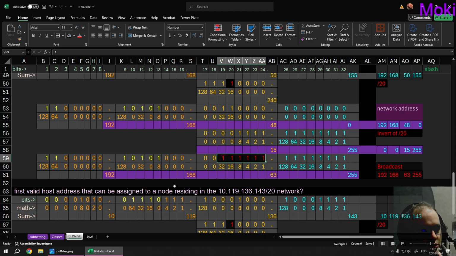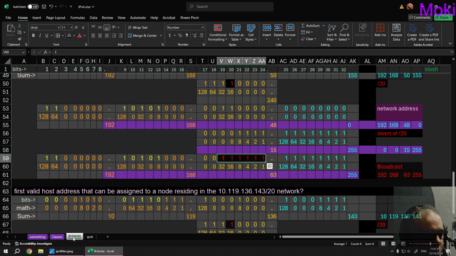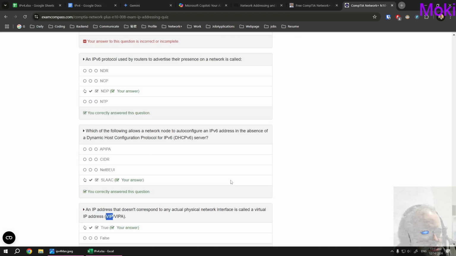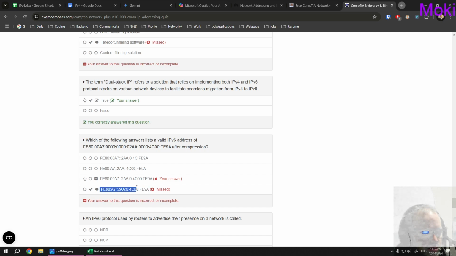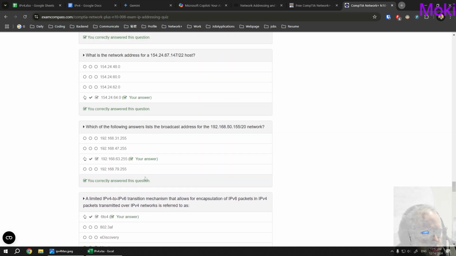This is IPv4. If you have any more questions, I'm going to work on IPv6 next. Actually, we don't need to. It's more like rote memory for a lot of this stuff. And this is really simple. It's just compress the zeros. That's why I didn't really put IPv6 in here.